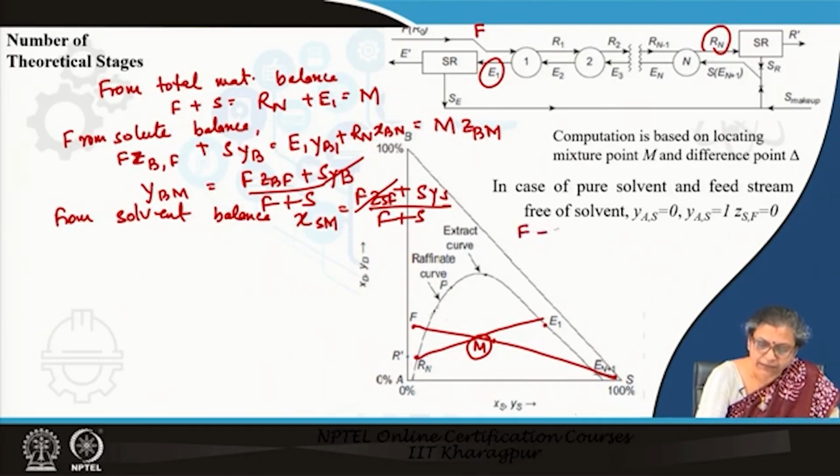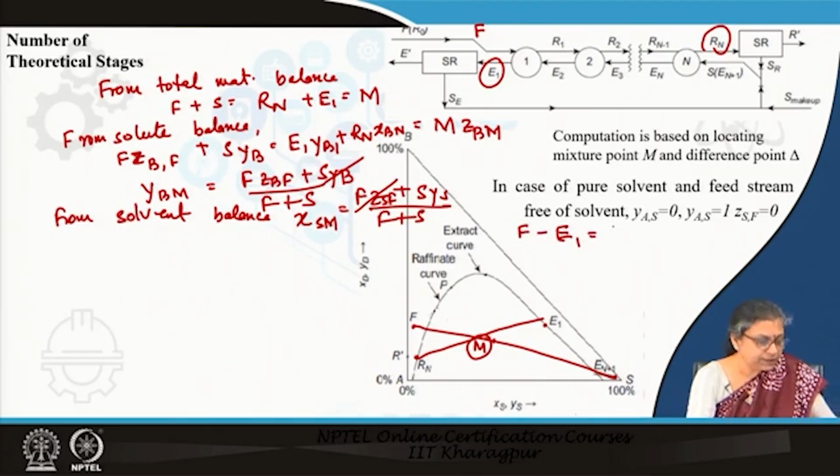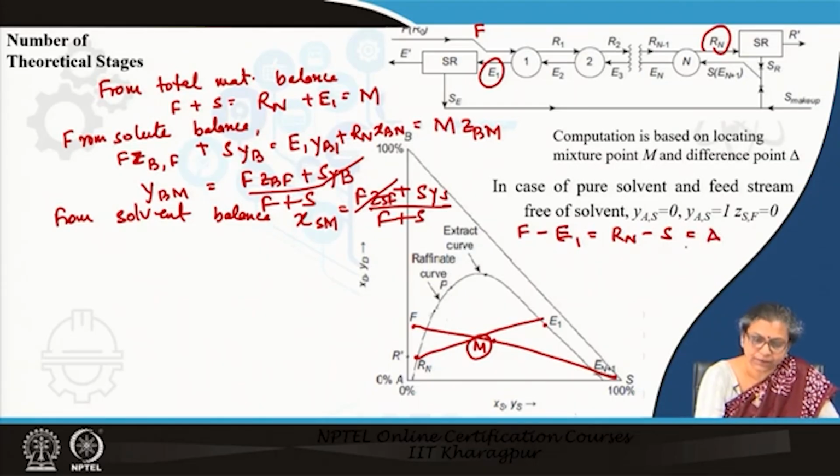Say F minus E1 is equal to Rn minus S, and this I denote as a difference point delta. What is this delta? It is the difference of the net flow from any particular stage. This is the net flow out from the first stage, and this is the net flow out from the last stage.